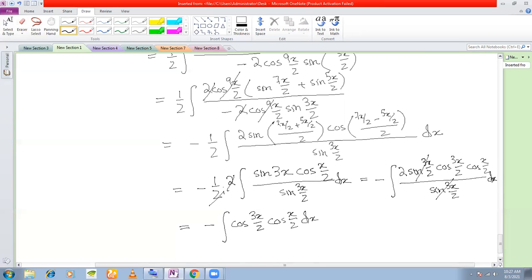Now this is again a product of two trigonometric functions. In order to integrate this, you change this to a sum.